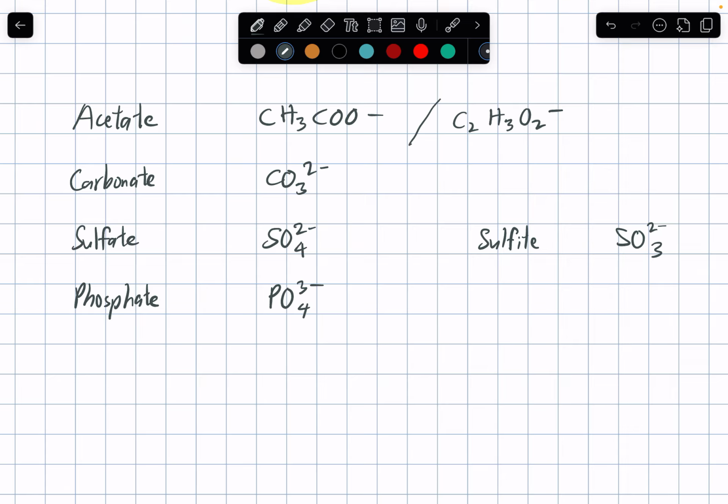What is the formula for phosphite? But this one's already correct. Phosphite is a different thing.